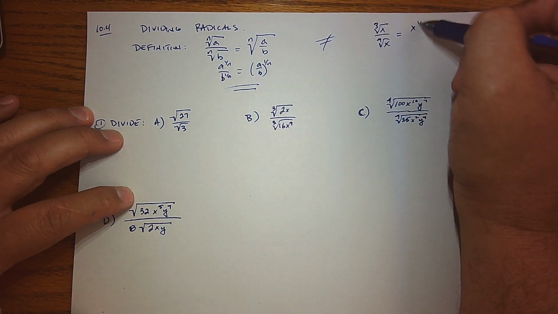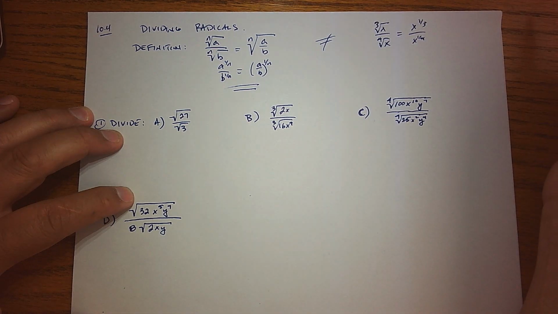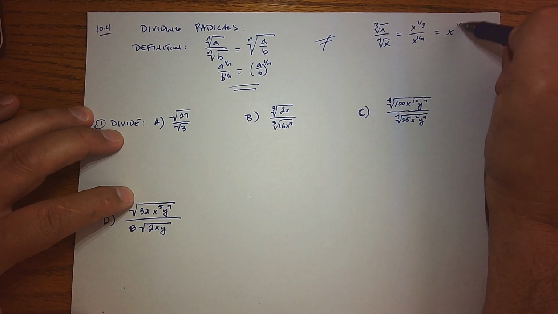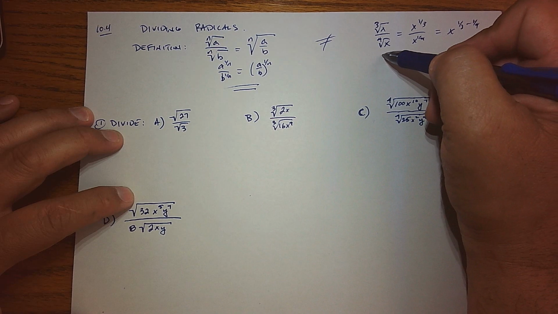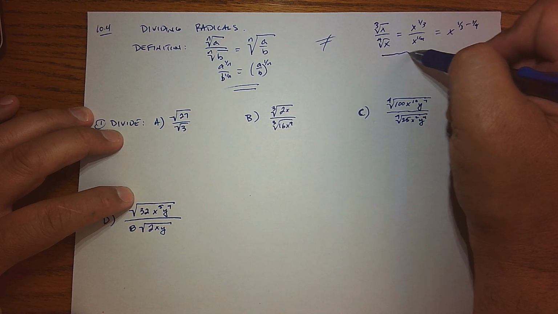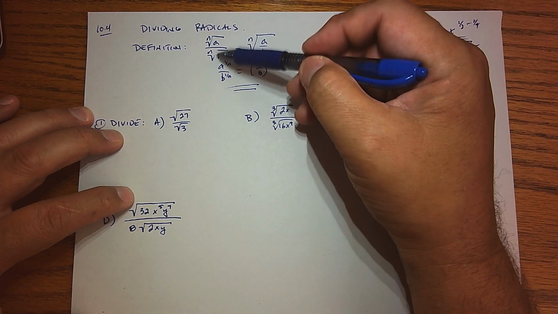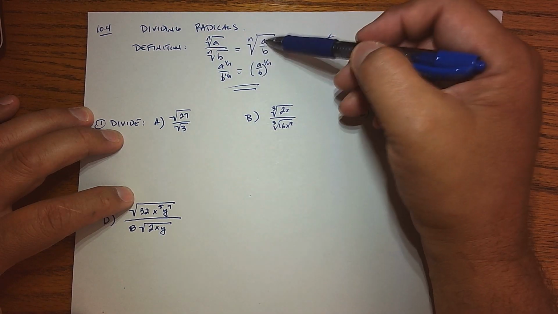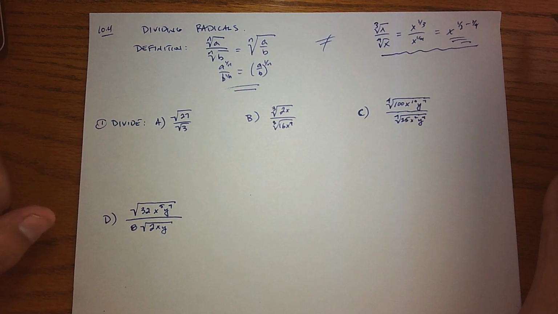What we did back then is we converted them to their fractional exponent forms, and then we used the quotient rule to subtract our fractions. So be careful. We can still divide when they're not the same. We just have to use another rule. But if my indices are the same, it's as simple as just putting it together and then simplifying the fraction and moving forward, as you will see me do here in a moment.